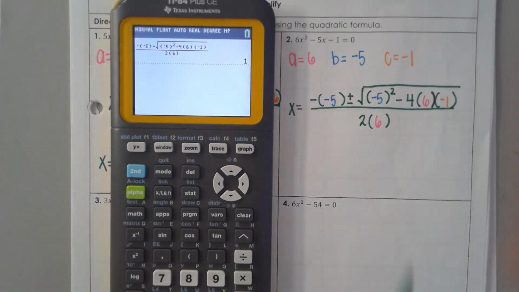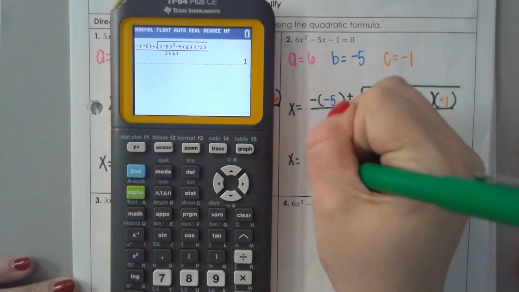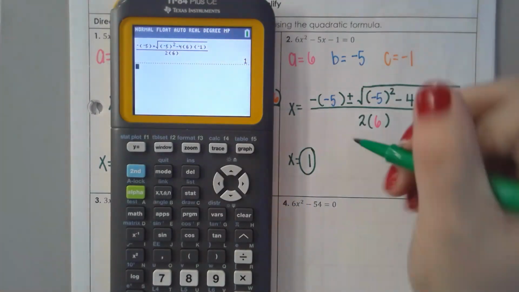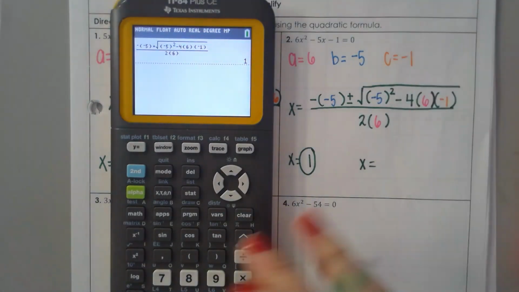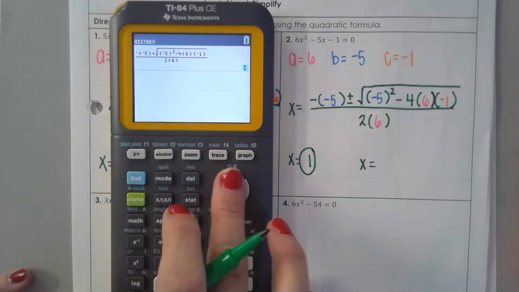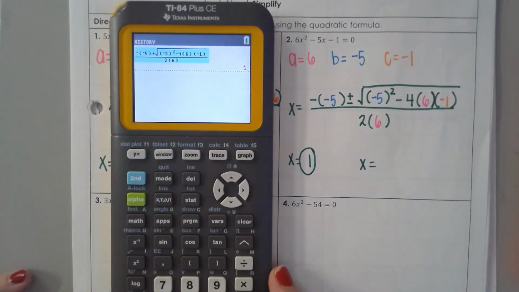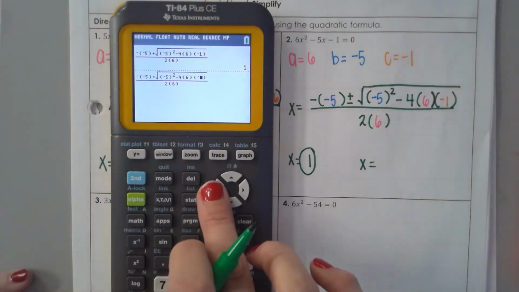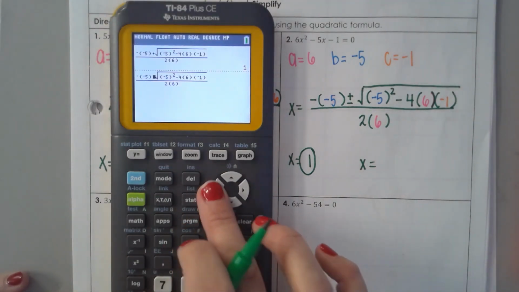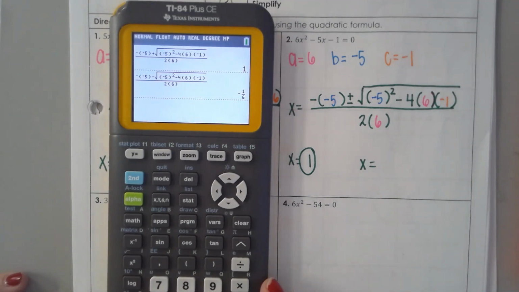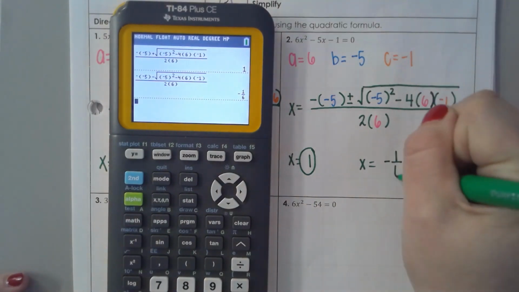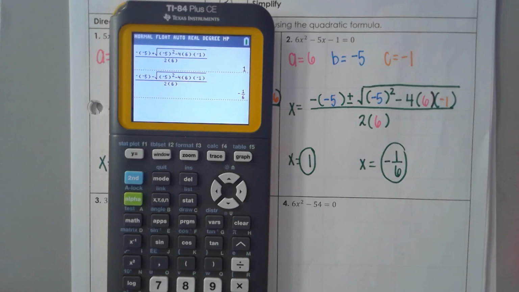And I get x equals 1. Okay, and then when I go back up and change it to a minus, I get negative 1 over 6.